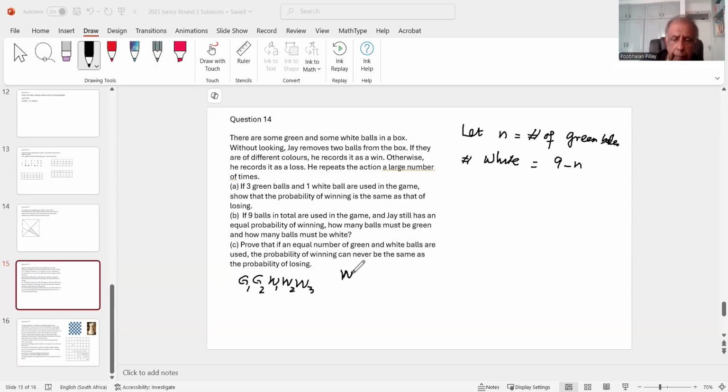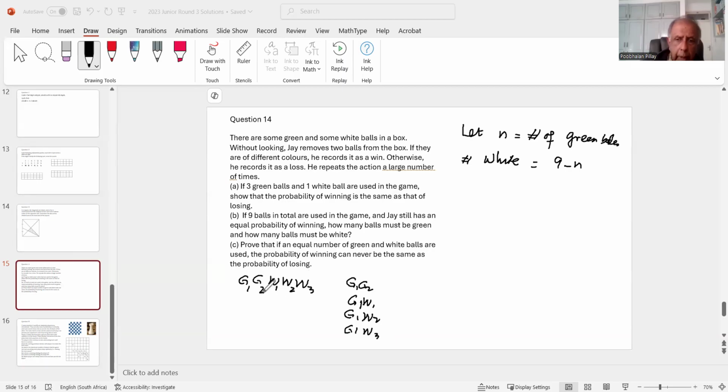Let me list all the pairs in this order: G1 G2, G1 W1, G1 W2, G1 W3.